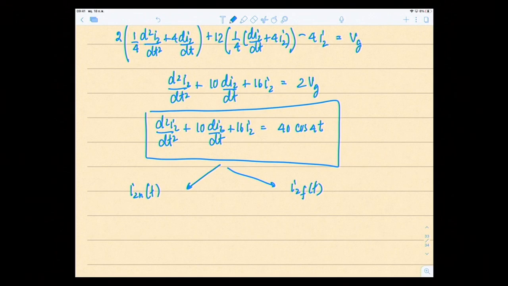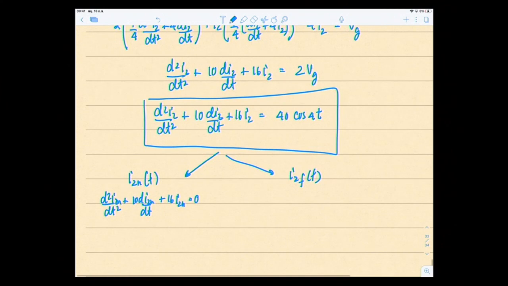So you have d²I2/dt² + 10 dI2/dt + 16 I2n equal to 0, with n also so we don't get confused. Change it to the characteristic equation: s² + 10s + 16 = 0.